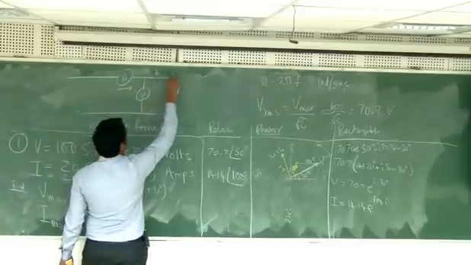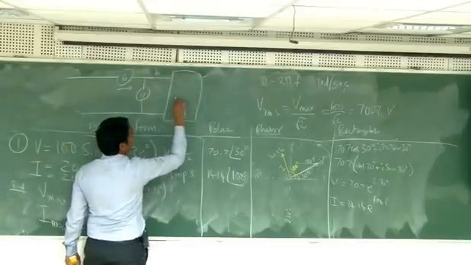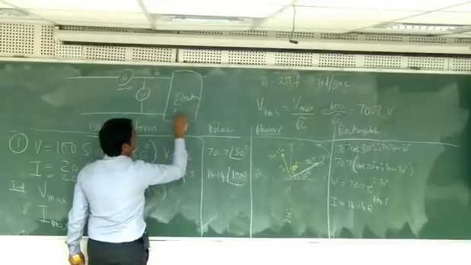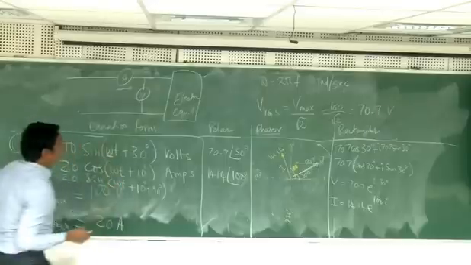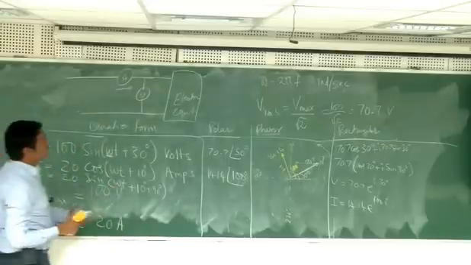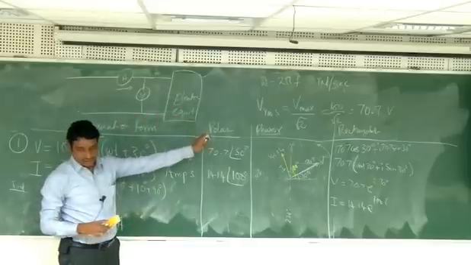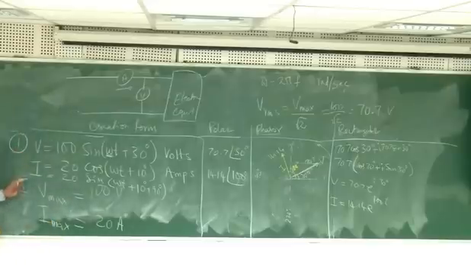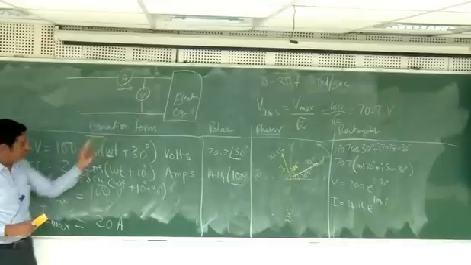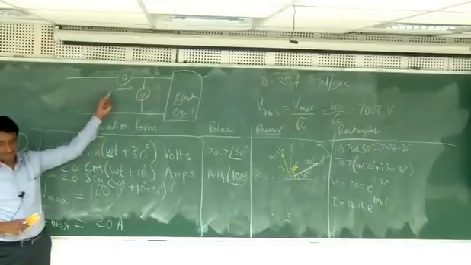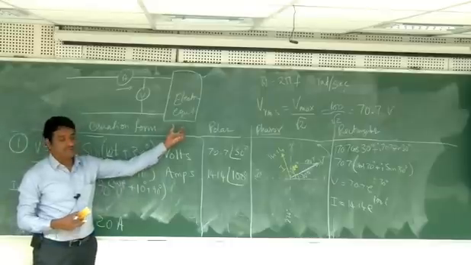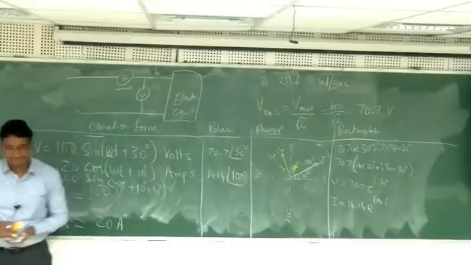And then there is some electrical equipment, some electrical device. Essentially I am seeing how much current is going into it and how much voltage there is. My values are V and I. This V is measured here and this I is measured here.